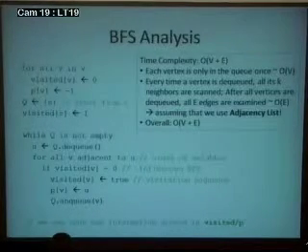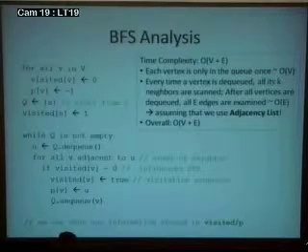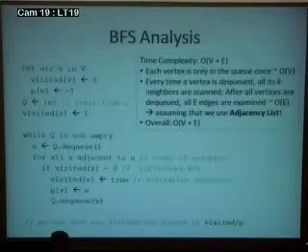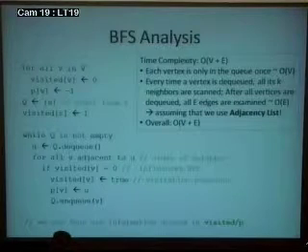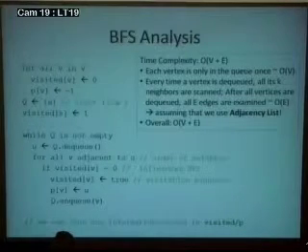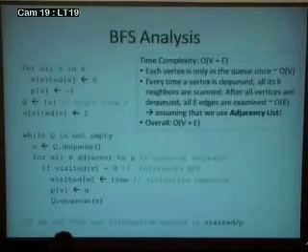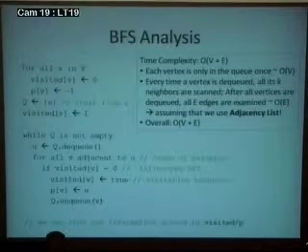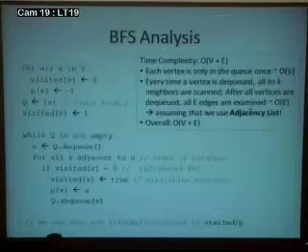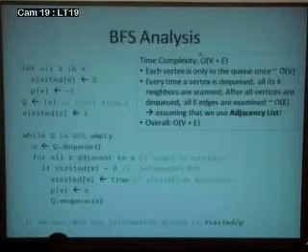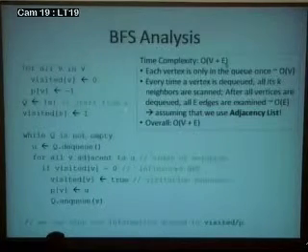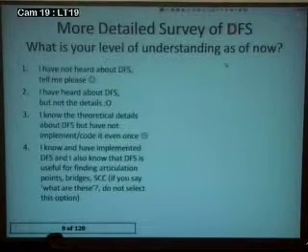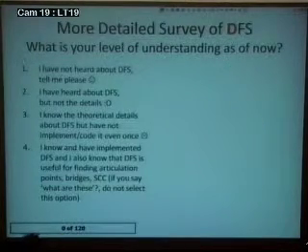But if we use an adjacency list, for every vertex, sometimes we have zero edges, sometimes we have one edge, sometimes a few edges, sometimes 3 edges. But when we sum all this together, this sum is actually E, the actual number of edges in our graph. So that is the E component. So the time complexity is V plus E. Okay. V plus E.